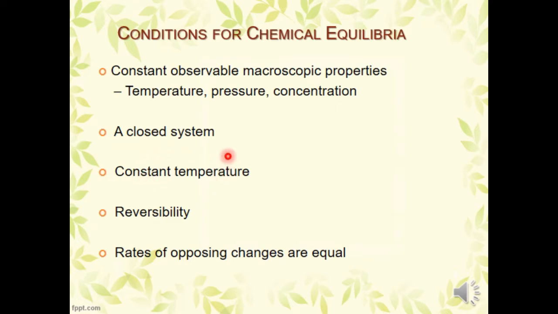Thirdly, it must be at constant temperature, and it has the ability to be reversible. And then the rates of the opposing changes are equal. Like the previous example, one condenses while another one evaporates, so it has to be equal.